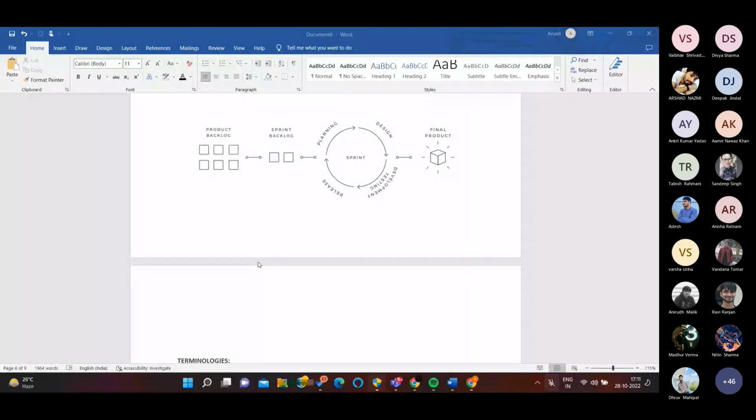Suppose we have a feature, we have to chunk it down into such small pieces that the developer can deliver it within that sprint. So a user story is something deliverable within a sprint, and the BRD tells about the overall product and features, how it will affect the whole product, and the business perspective.